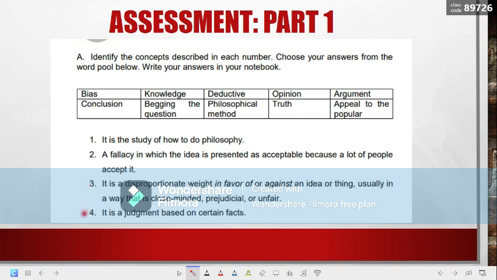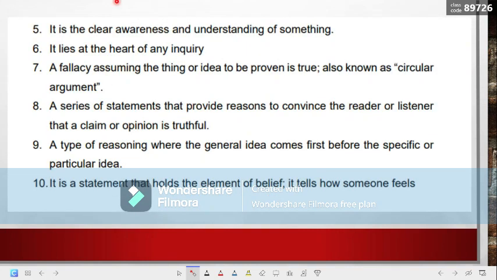Number 4, it is a judgment based on certain facts. Number 5, it is the clear awareness and understanding of something. Number 6, it lies at the heart of any inquiry. Number 7, a fallacy assuming the thing or idea to be proven is true, also known as circular argument.